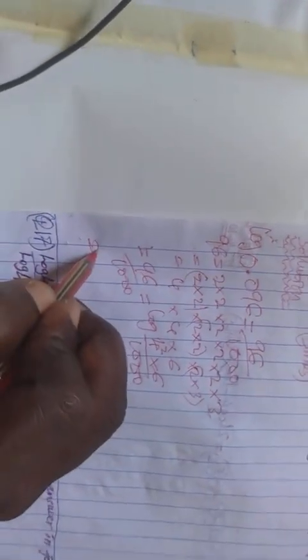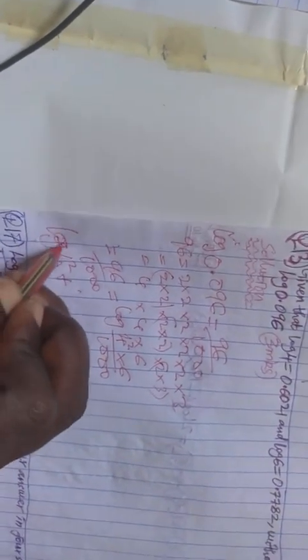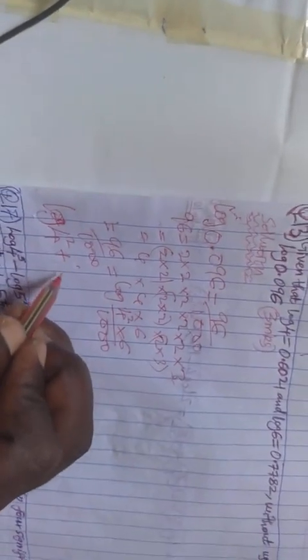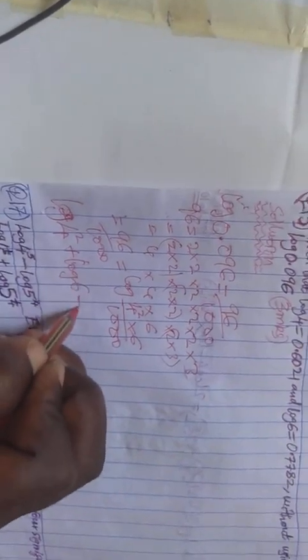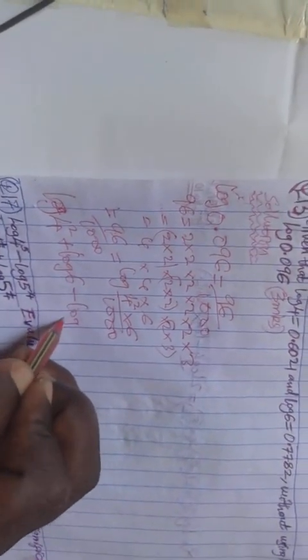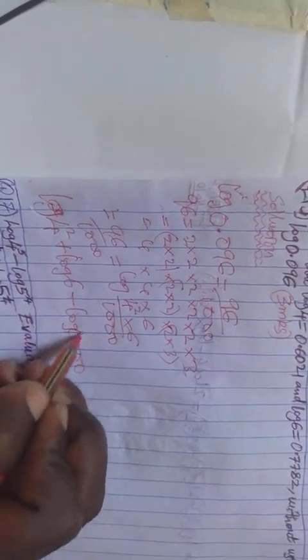which is the same as log 4 squared plus log 6 minus log 1000.